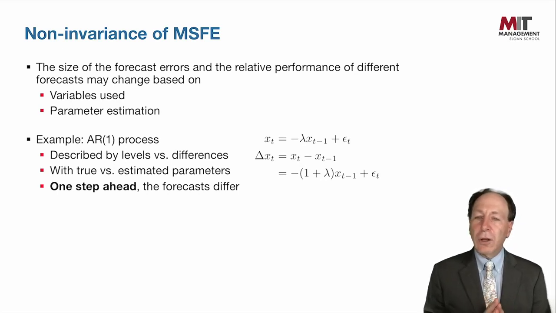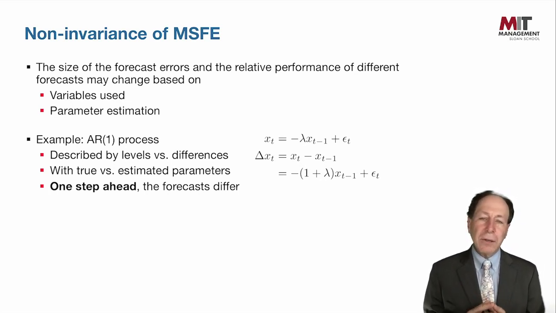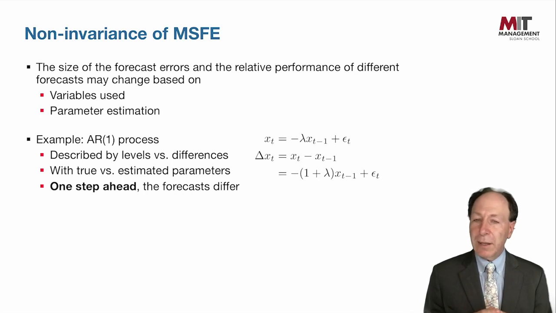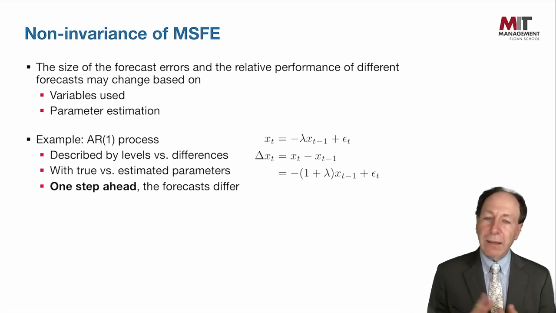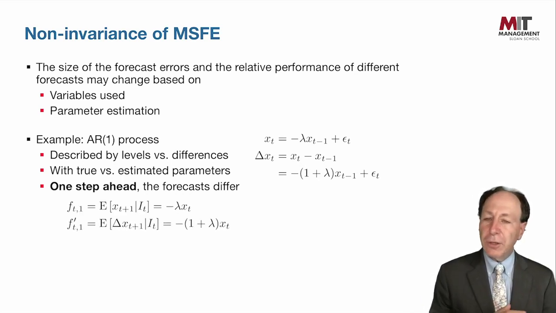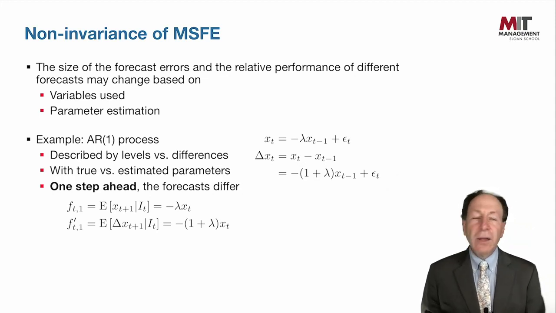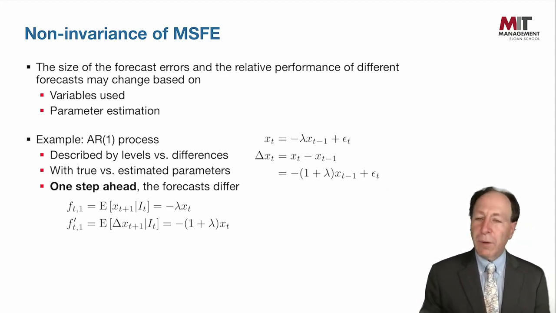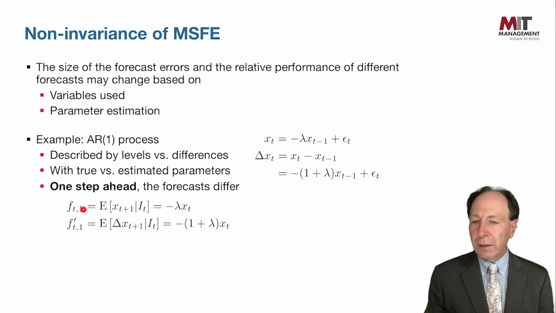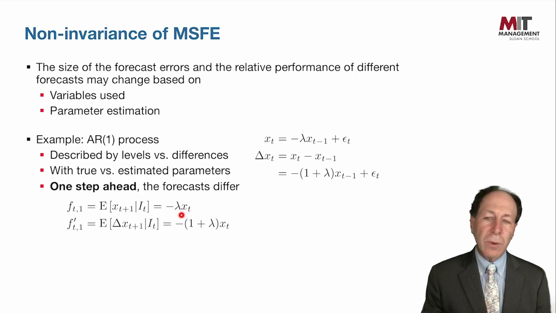So let's take a look at whether we have a process described by levels or by differences. At one step ahead, the forecasts differ. So we just compute by taking expectations. Let f represent the forecast of our usual model, and our usual expectation of x_{t+1} at time t, given the information at time t, is minus lambda x_t, the previous value that we had, the last value that was observed.